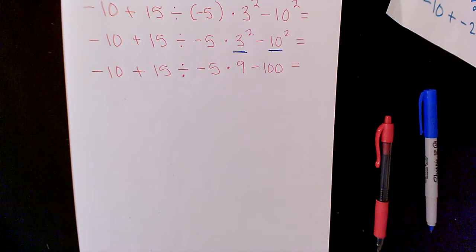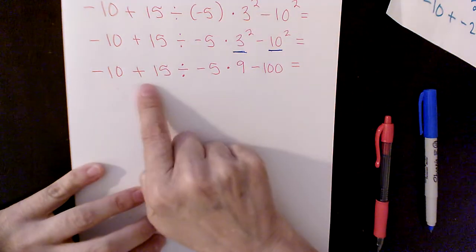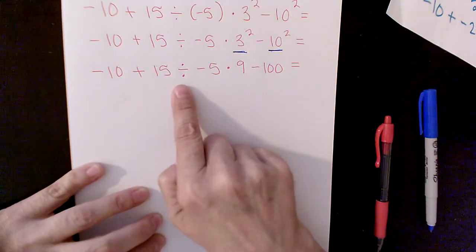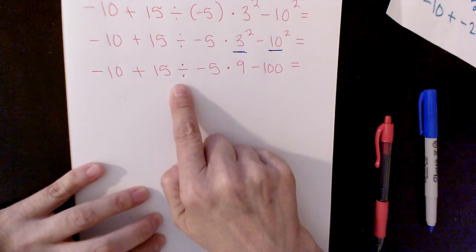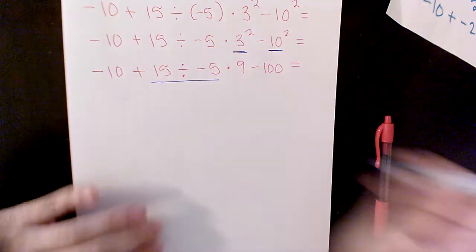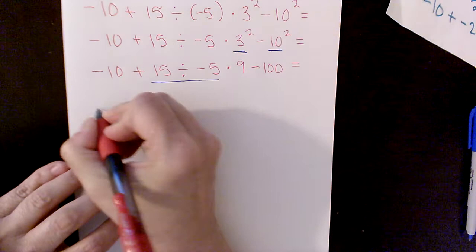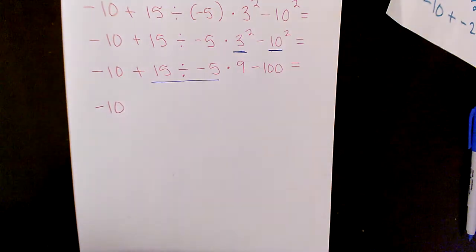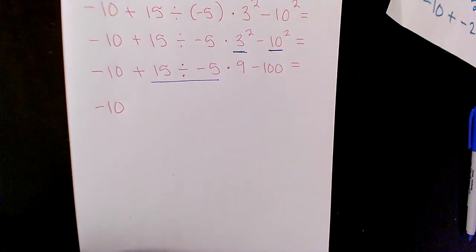Okay. I did exponents, multiplying, dividing left to right. Okay, so this is a plus. So here I'm going to divide right here. And I'm going to bring down everything else. What's 15 divided by negative 5?